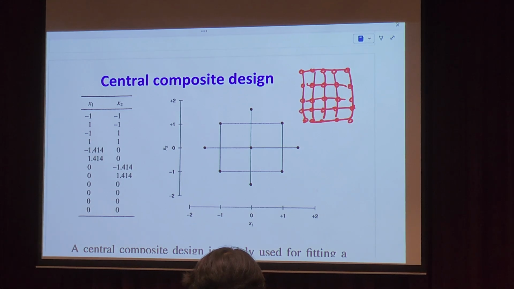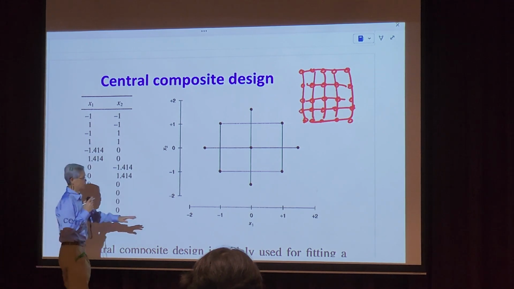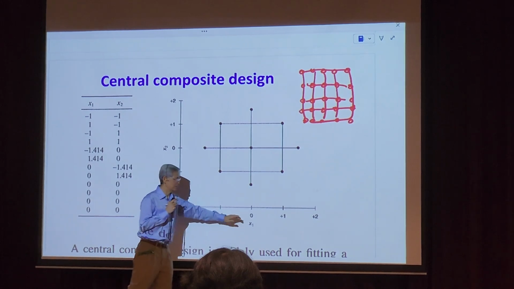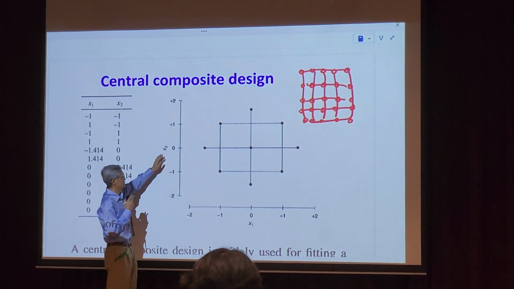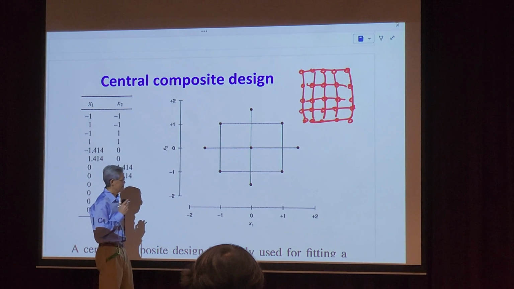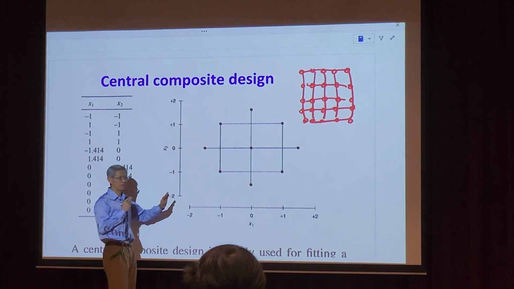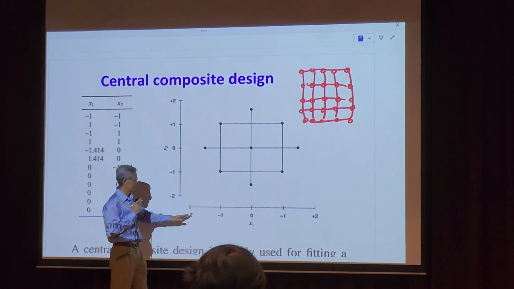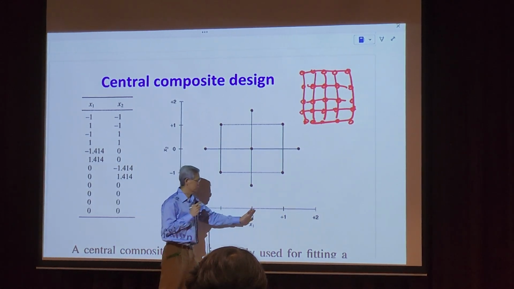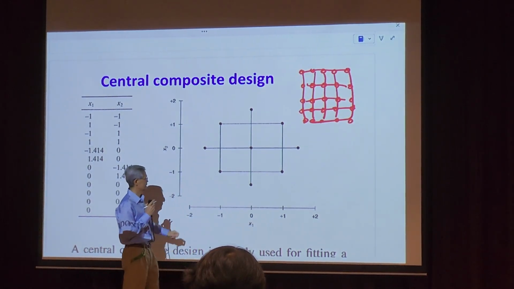But there's a more efficient way of doing things. Let's say x1 is one of your regressor variable. x2 is your regressor variable. Don't worry about the unit first. Let's say it's measured in terms of 1, 2, and so on.